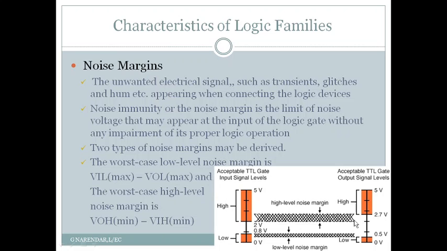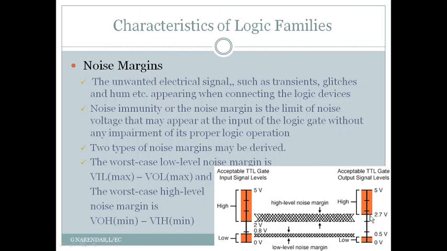or I can say that if you take this as 2.7 and this as 2, we generally define this voltage level as output high level voltage.